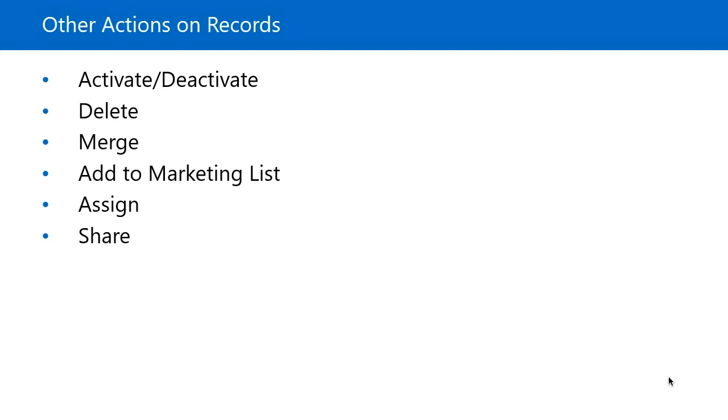So, for example, if you're working on a project with a key customer, and perhaps you want to share that account with another user within the Dynamics system who normally doesn't work with that customer or can't normally even see the record, you might choose to share it with them so that both you and they can see and collaborate on the same record. And then later on, if you want to remove the sharing, you can remove the appropriate permissions.